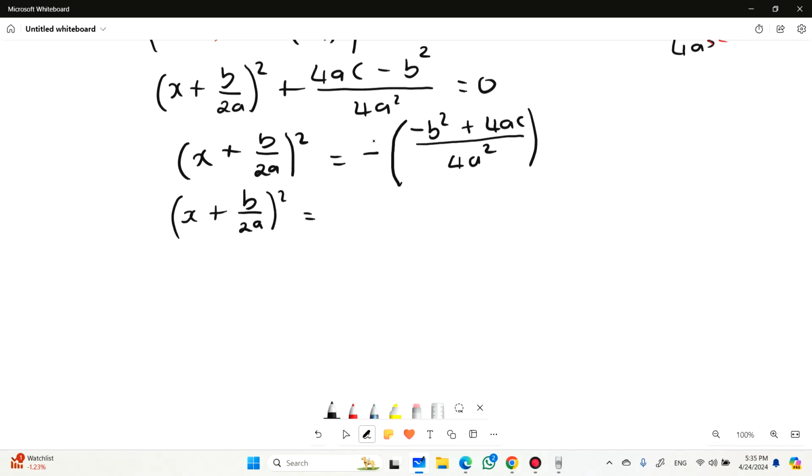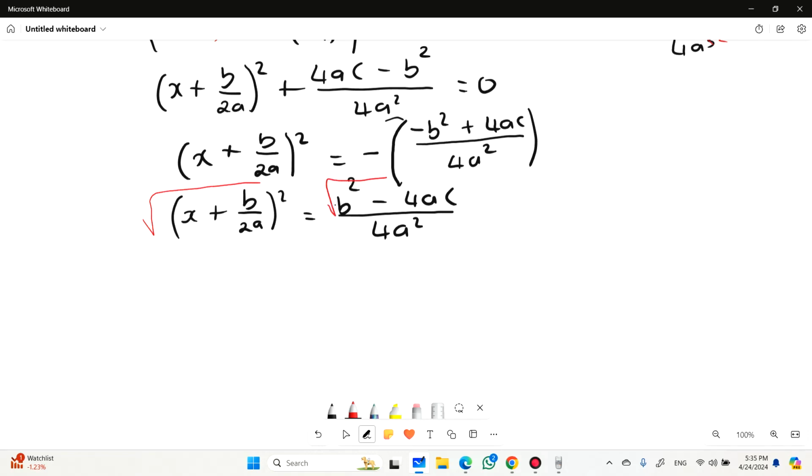And then here I'm going to distribute the negative inside. Therefore I have negative 1 times negative b squared, that will give me positive b squared, then negative 4ac all divided by 4a squared. Then I want to remove the square there, so I have to square root both sides, right?